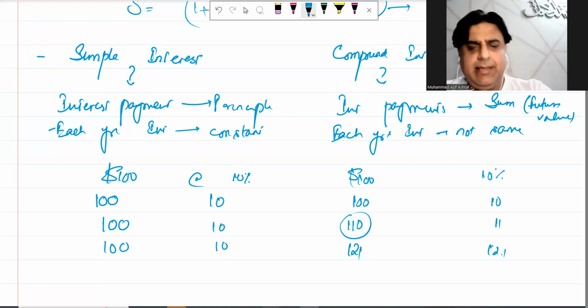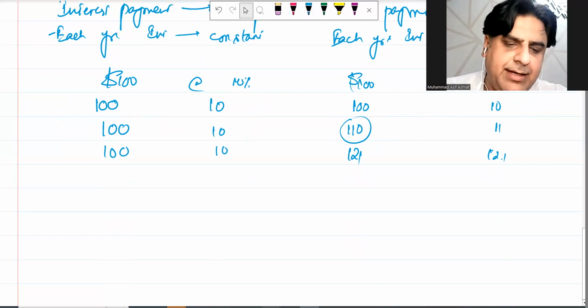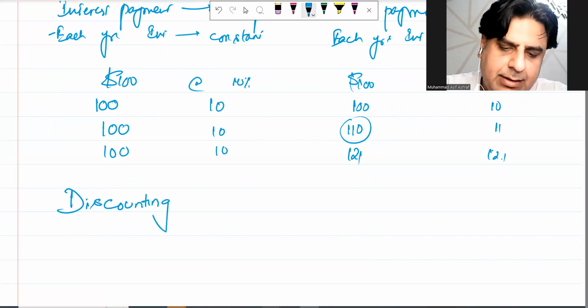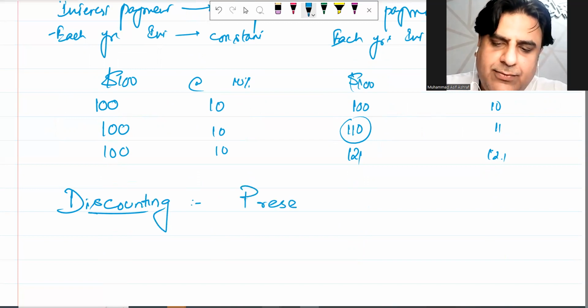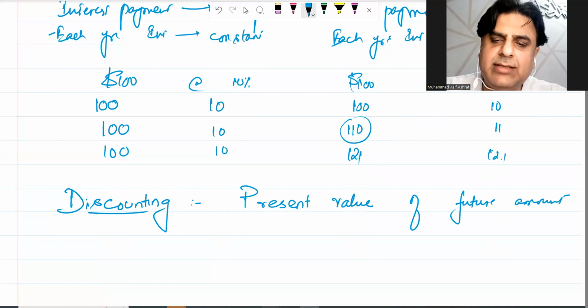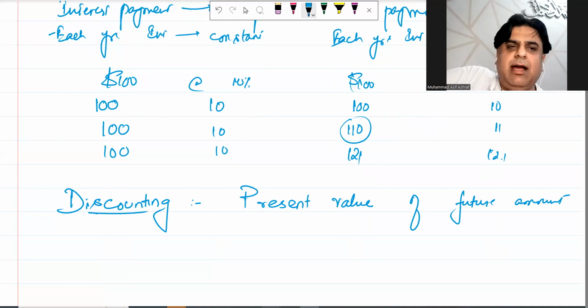Okay. The next topic is more relevant, and that is discounting. Discounting means finding out the present value of a future amount. So if you want to check what is the present value of the price after 5 years, let's say after 5 years, the price per unit would be 10.